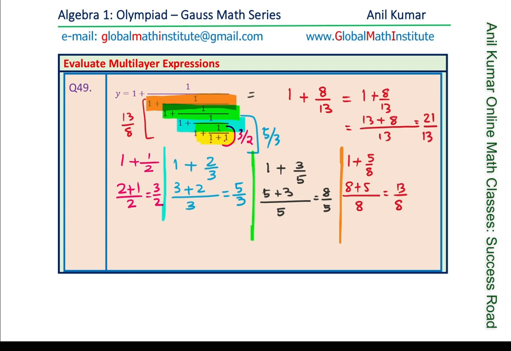So 21 over 13, we can now divide 21 by 13 and see how close we are to 1.5 or 1.6 or 1.7, right? So when you divide 21 by 13, what do you get? Let's do it here. Dividing by 13 one time, we get 13 only, right?